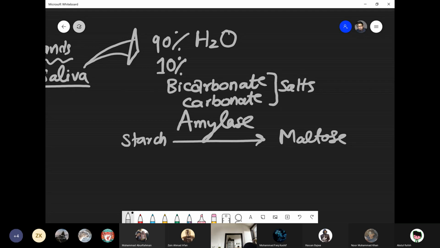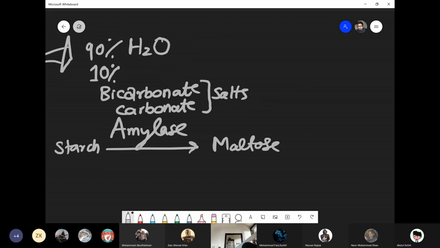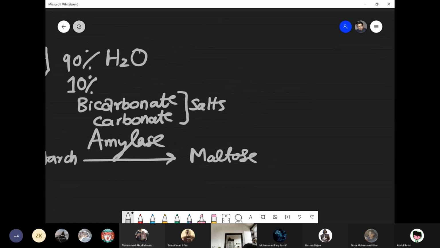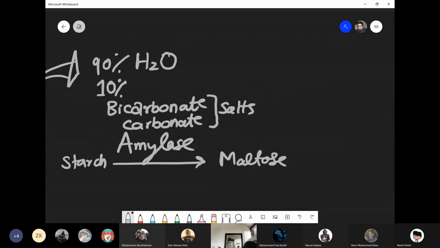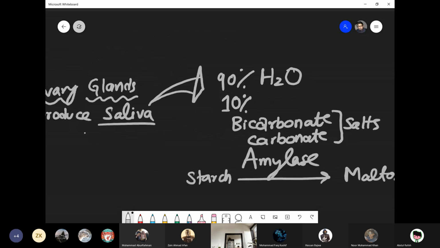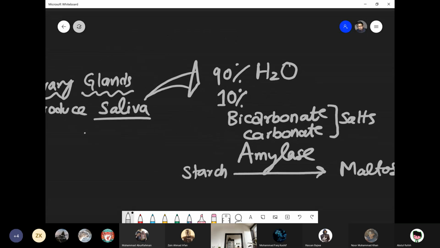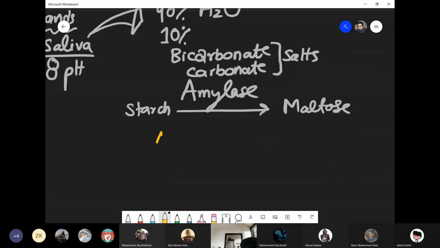Now, next thing, boys, because of the presence of this bicarbonate and carbonate salts, this saliva has 8 pH. It has 8 pH, and also you need to remember that this amylase works best in 8 pH.